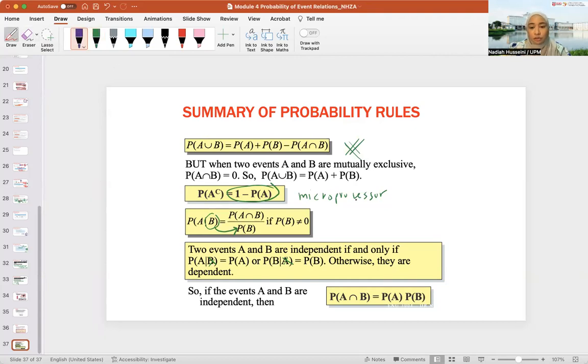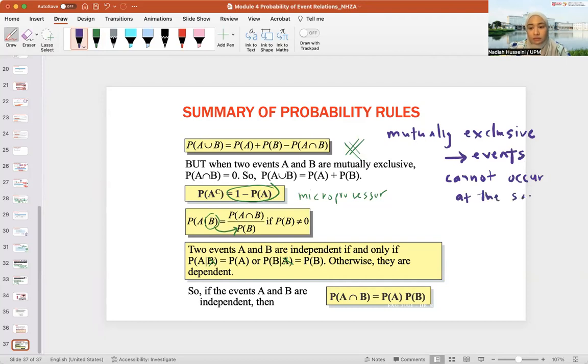When we talk about mutually exclusive, the events cannot occur at the same time. Let me finish writing this.